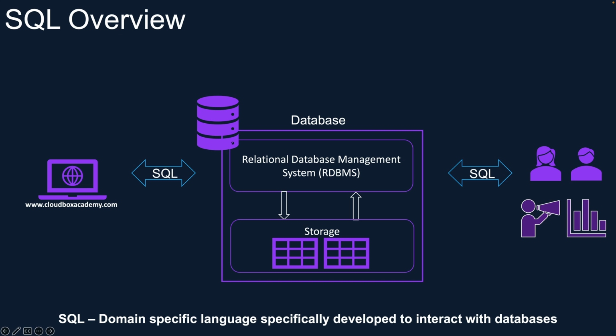In this case, SQL is specifically developed to interact with databases. Another example of domain-specific language is HTML, which was specifically developed to create web documents. Even though domain-specific languages are limited in functionality, they have a major advantage that they're easier to learn and use, and SQL is no exception.